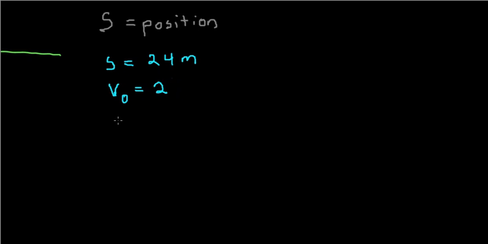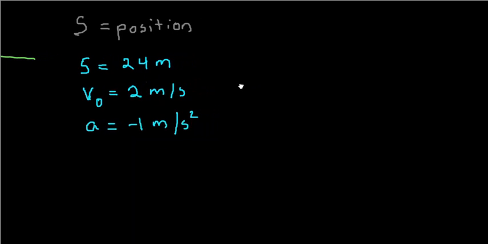And finally, the acceleration is -1. And then we put the meters per second and meters per second squared. So he's decelerating. His initial velocity is 2 meters per second. And what will be the time when he is 24 meters from where he is?